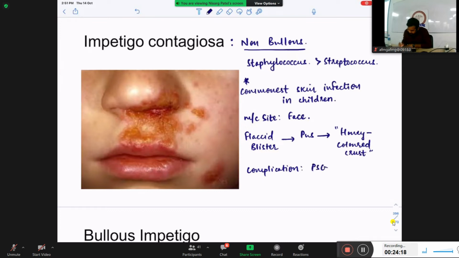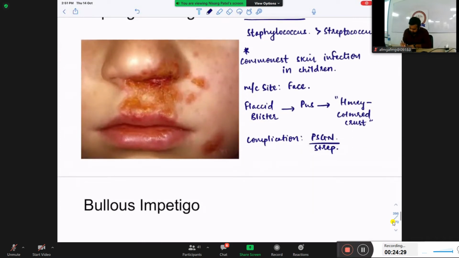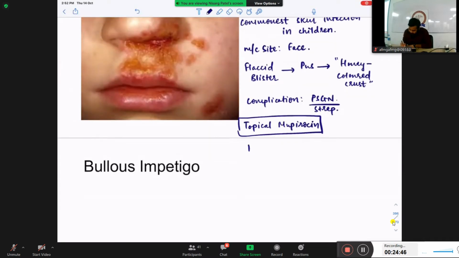A complication the child can develop is PSGN. For treatment, topical mupirocin cream can be helpful. Which oral drug is effective? Dicloxacillin.